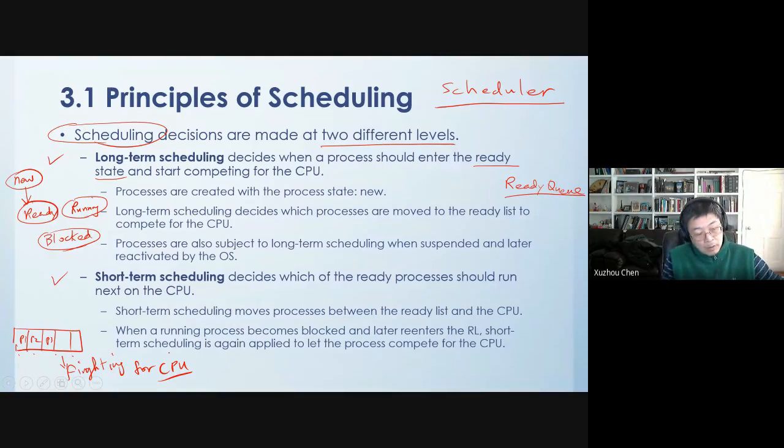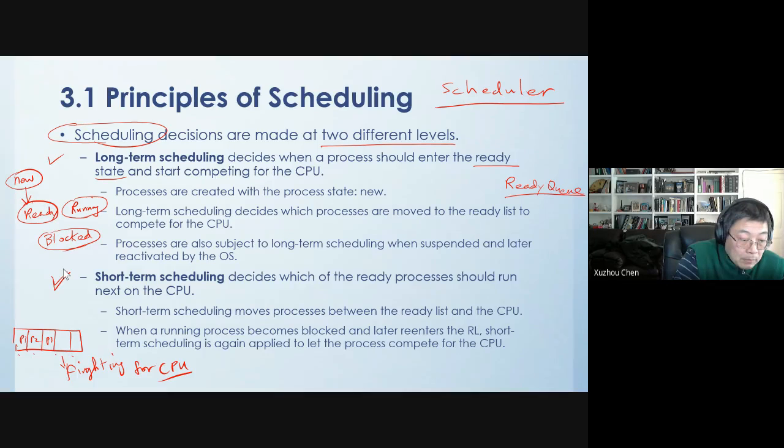When I say fighting for the CPU, that means everybody says, I'm ready, CPU, please pick me, so I can do my job. So who's going to decide which process is going to be loaded into the CPU? That's the short-term scheduling.